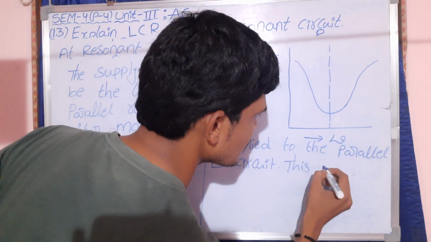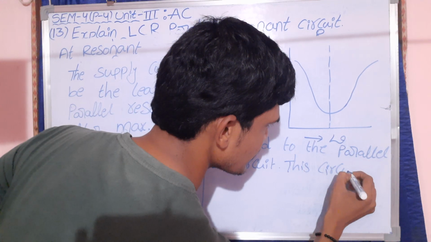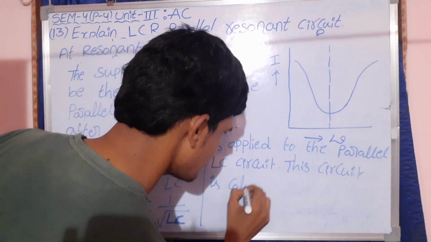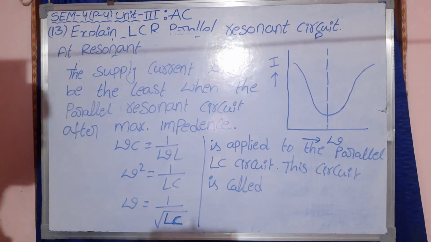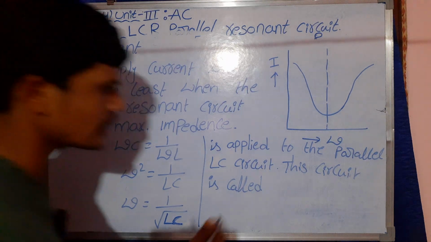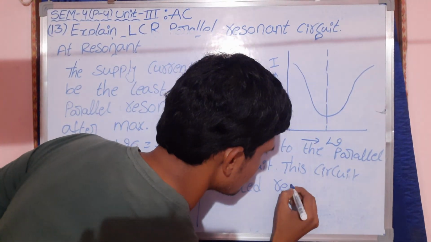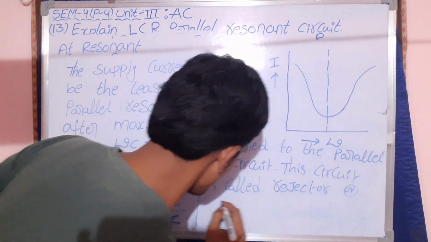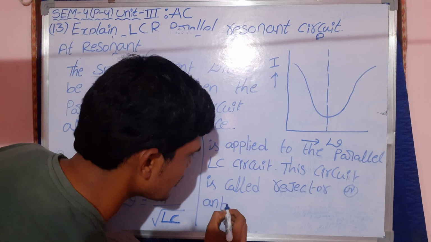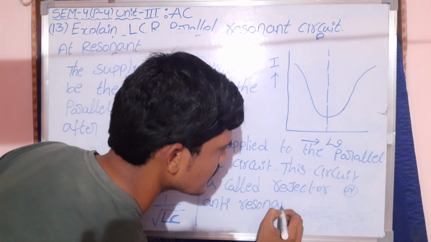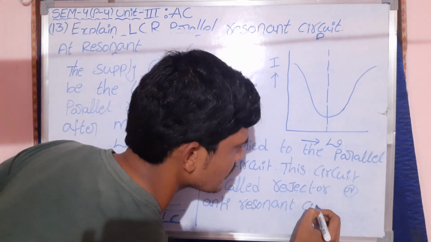This circuit is called a rejector or anti-resonant circuit.